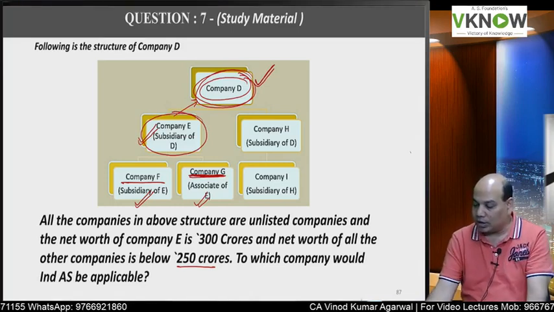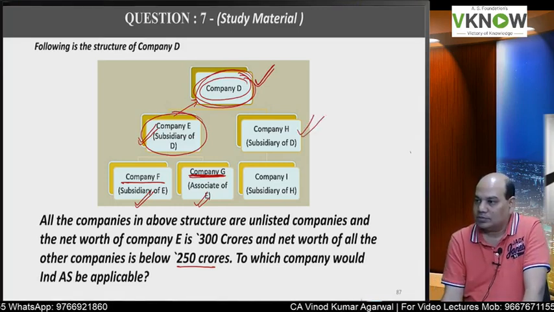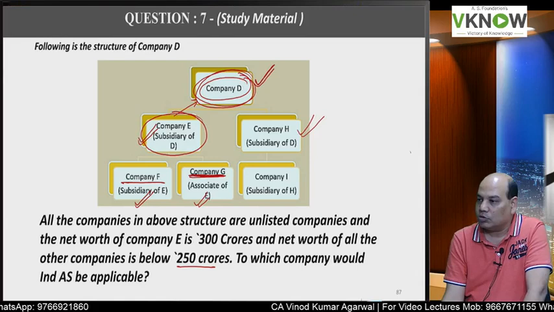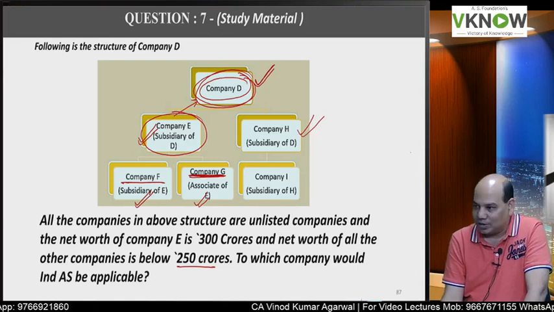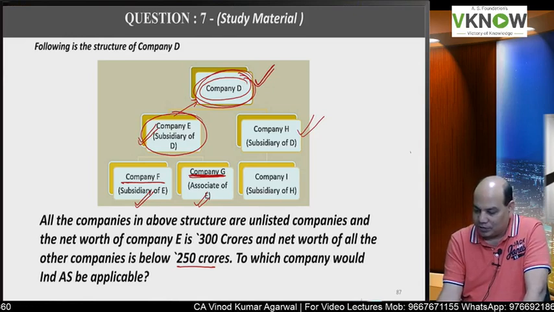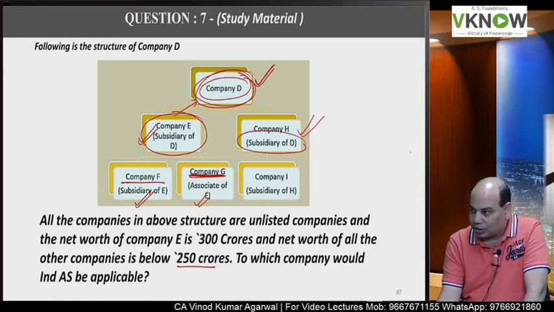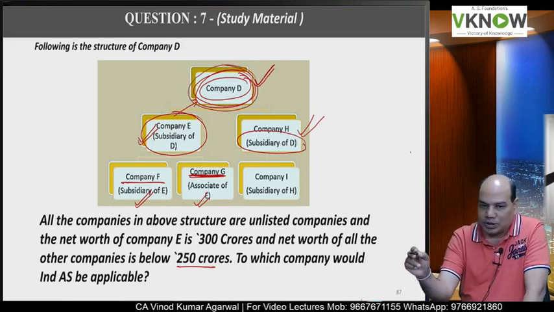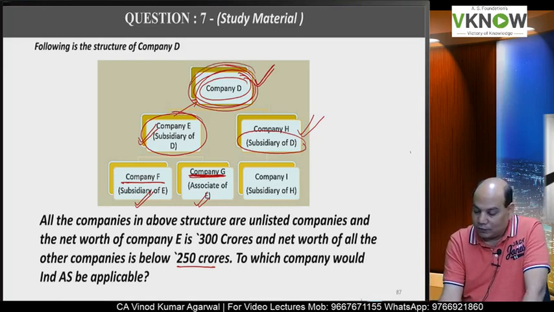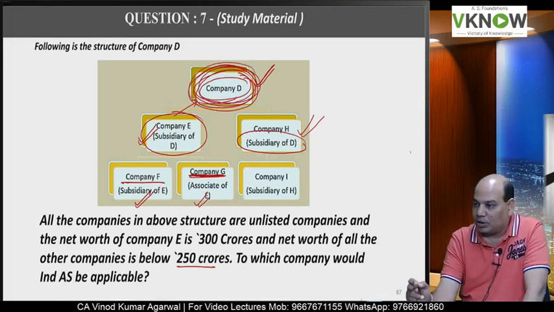Whether H will follow Ind AS: the answer is not mandatorily, but it will have to prepare 2 sets of financial statements. The reason is it is a subsidiary of D. D will follow Ind AS. The answer is printed in the book. So that means D will have to prepare financial statements based on Ind AS.